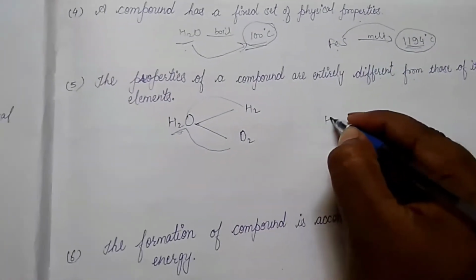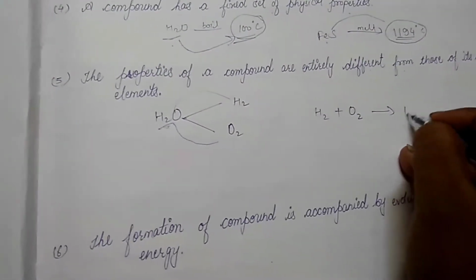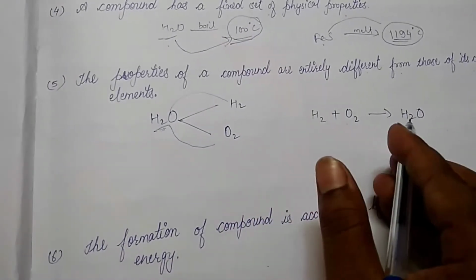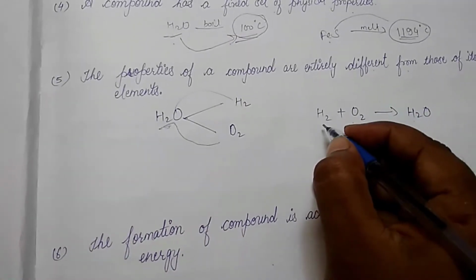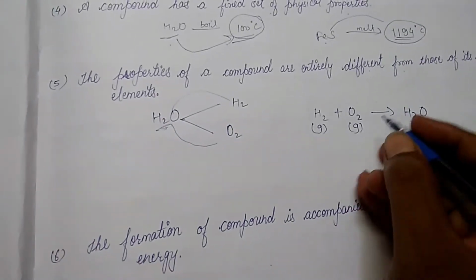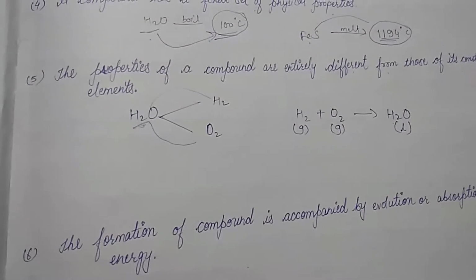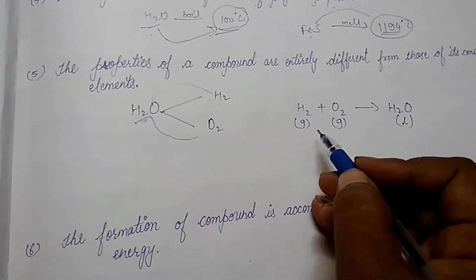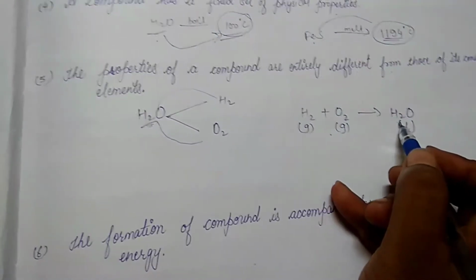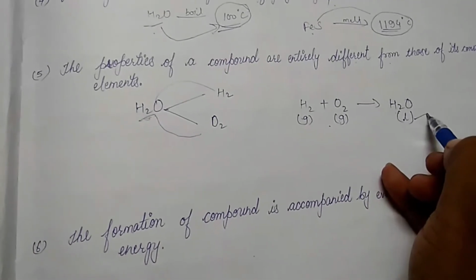For example, hydrogen and oxygen combine to give water. Hydrogen is found in gaseous state, oxygen is also found in gaseous state, but water is always found in liquid state. It means the physical state of the constituent elements is totally different from that of the compound.